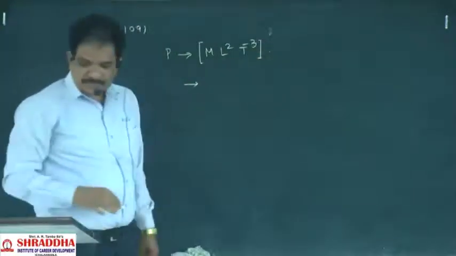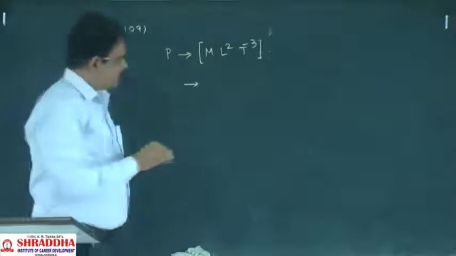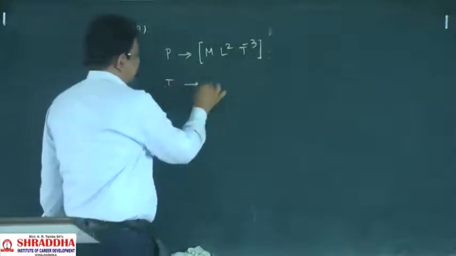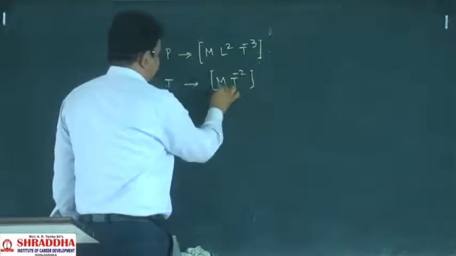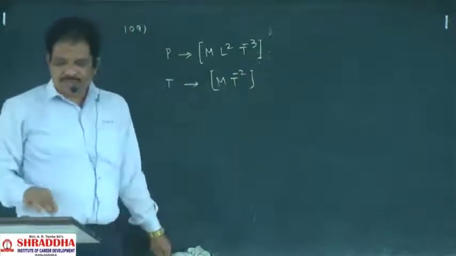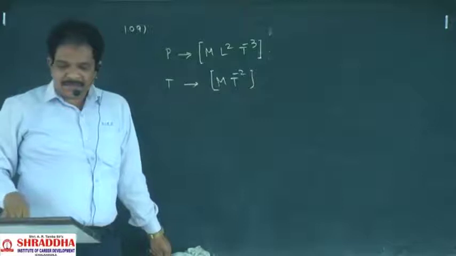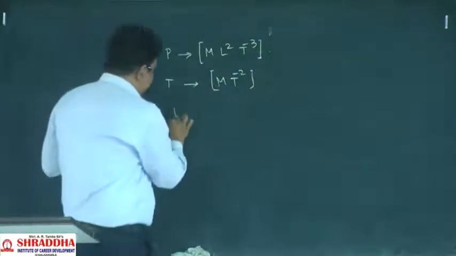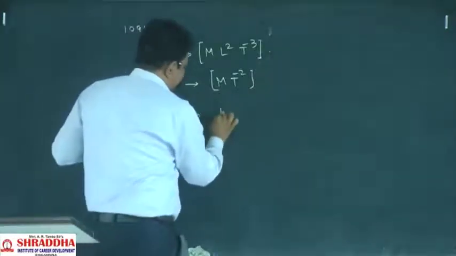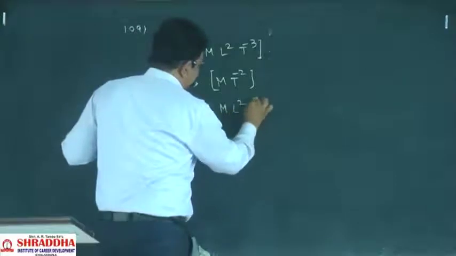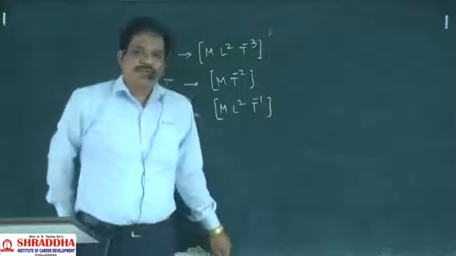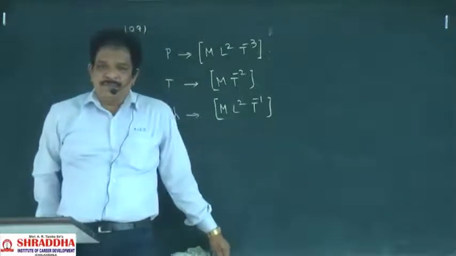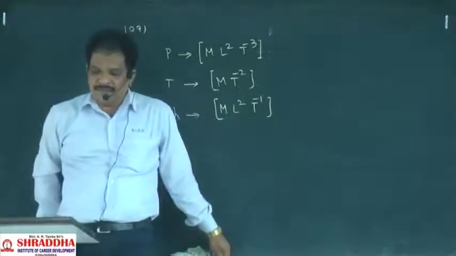Next, surface tension dimensional formula m T power minus 2. And Planck's constant dimensional formula m L square T power minus 1.